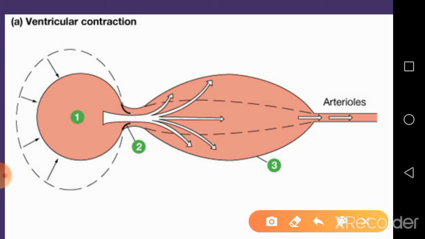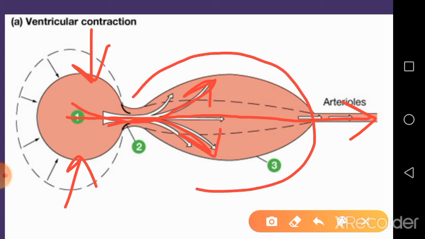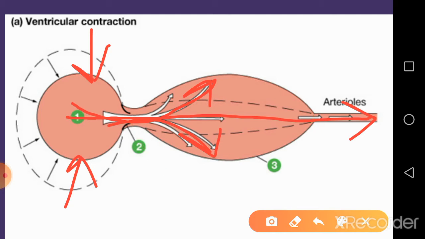During ventricular contraction, the ventricle pumps its blood out of the ventricle into the aorta and to the peripheral blood vessels. The blood which is being pumped out of the ventricle into the aorta causes the aorta to expand and distend under the pressure. This distension allows the aorta to hold a specific volume of blood within its lumen during ventricular contraction.